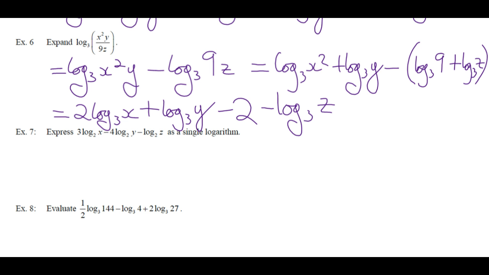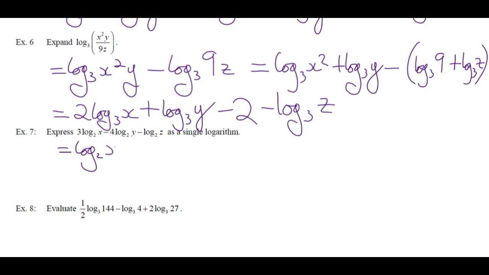What if we have an expanded expression? We want to express this as a single log. So what's the first step with this guy? So log base 2 of, or should it be 3 log base 2? No. What do I want to do with the 3? Put it as the exponent.